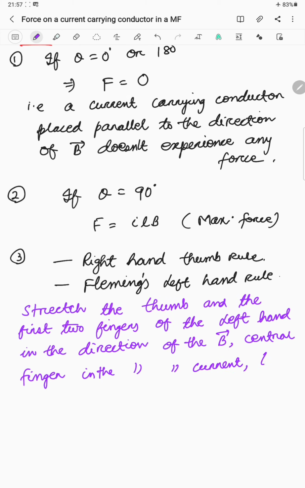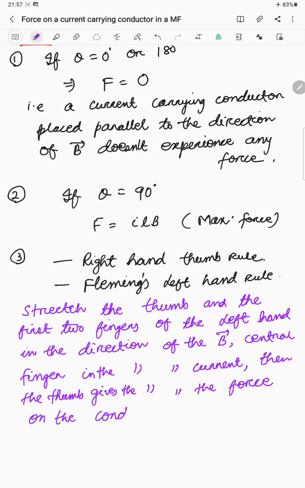Then the thumb gives the direction of the force on the conductor.